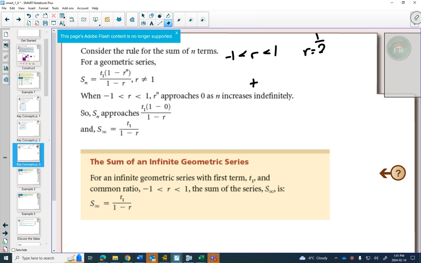No, 16 is too much. I'll start off with 8. Term 1 is 8. And then if r is 1/2, would you agree that term 2 would be 4? And term 3 would be 2. And term 4 would be 1. And then 1/2. And we're going to do this forever.